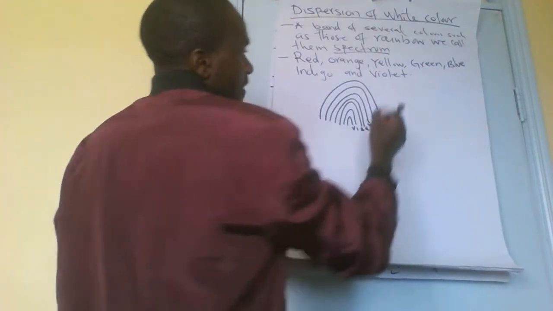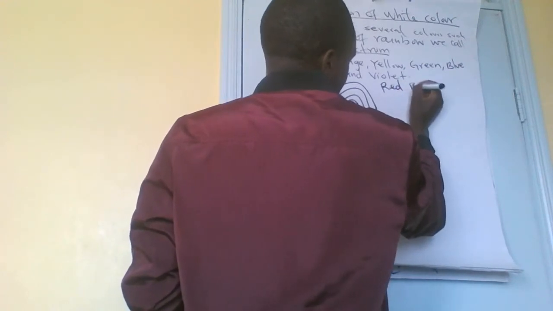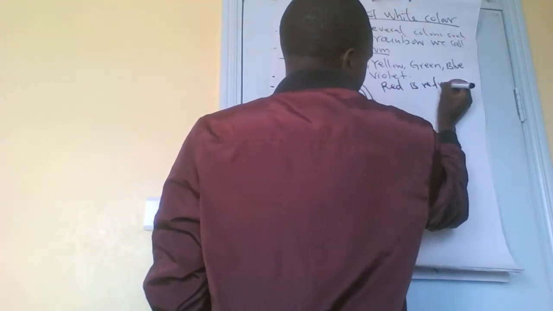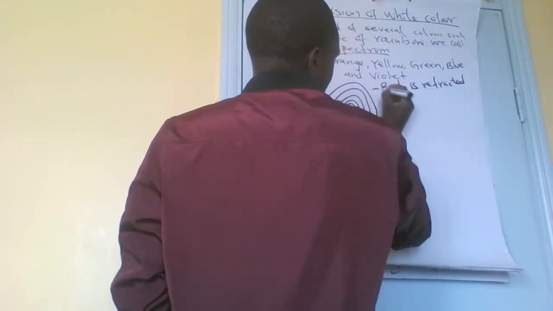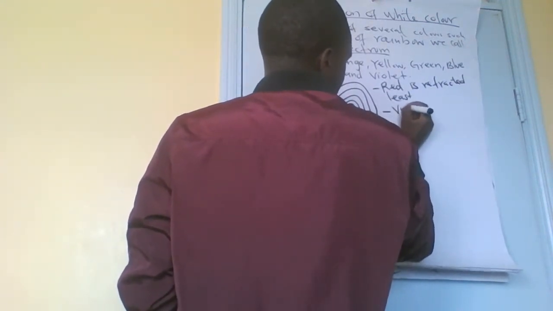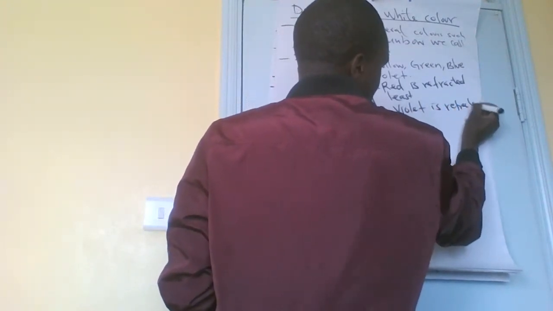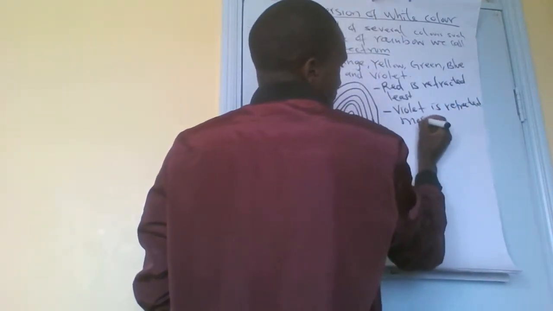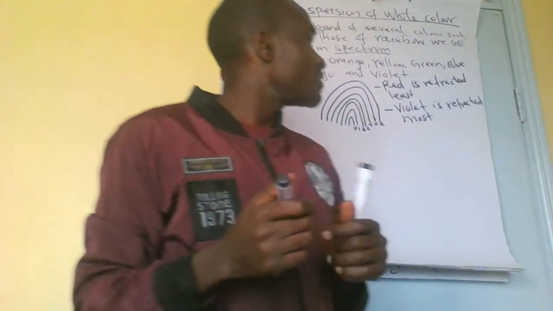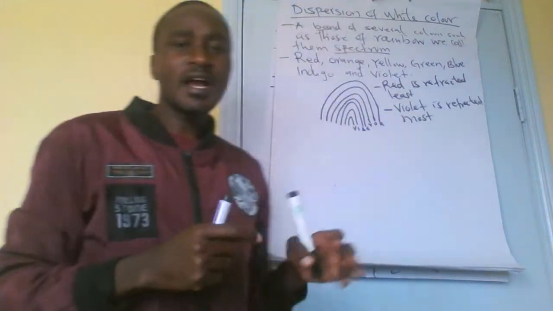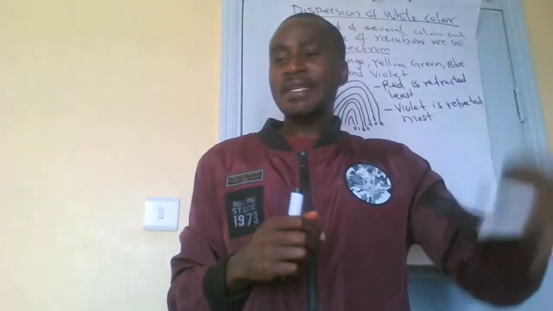So red is refracted least, and violet is refracted most. Violet is the color which is mostly refracted, and red is the color which is refracted least.